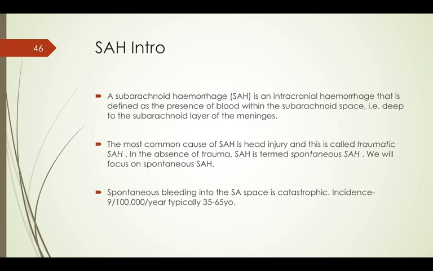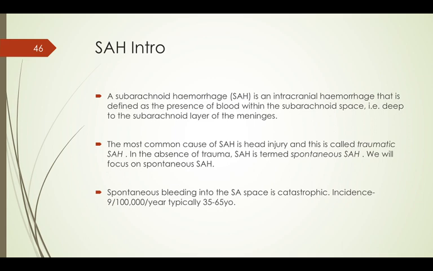Right, so an introduction into subarach hemorrhages, okay? So a subarach hemorrhage is an intracranial hemorrhage, and it's presence of blood within the subarachnoid space. So you've got those layers, the dura, arachnoid and pia. So this is between the arachnoid and the pia, so the pia being the really thin sheath attached to the brain tissue itself.